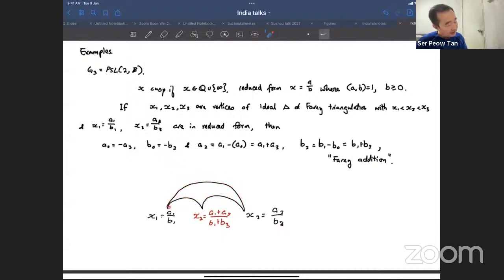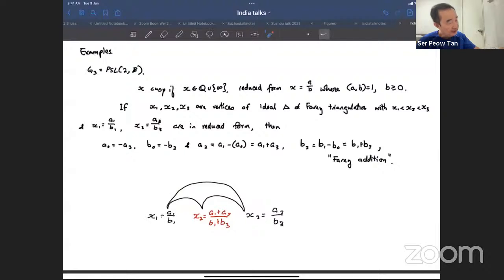So this was the side of an ideal triangle whose reduced forms were really determined. So how do I determine x2?